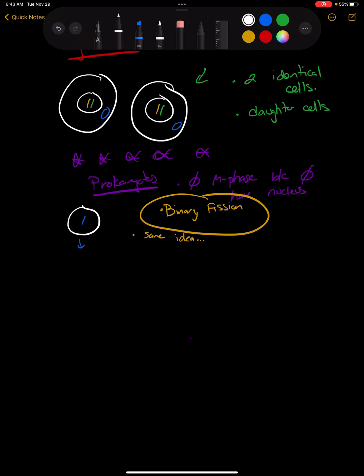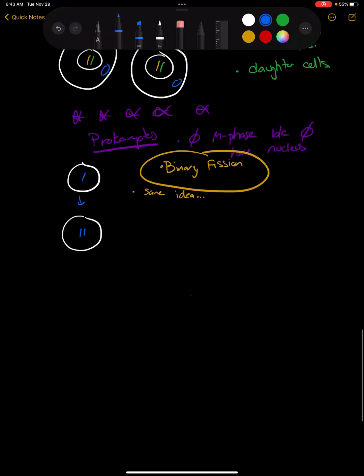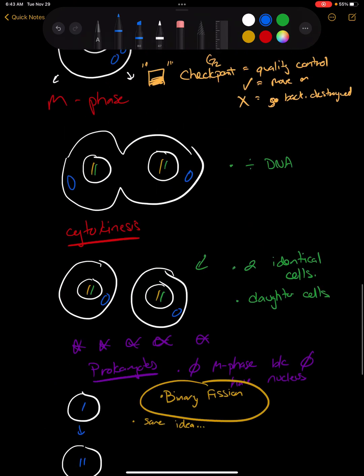Now my cell is going to get a little bit bigger. I'm going to double that DNA, and then my cell is going to split, and they each have DNA inside. So it's exact same idea, but I don't have a nucleus. And since I don't have that division of labor, I get to do it a little bit faster.